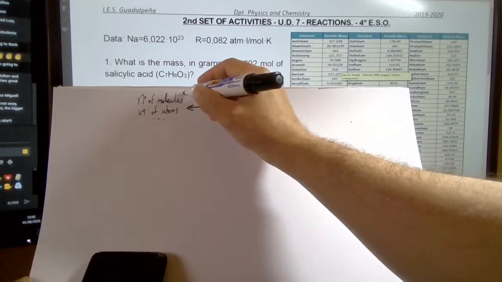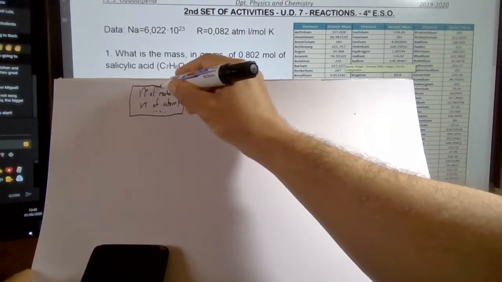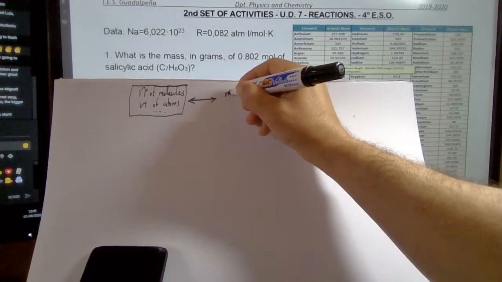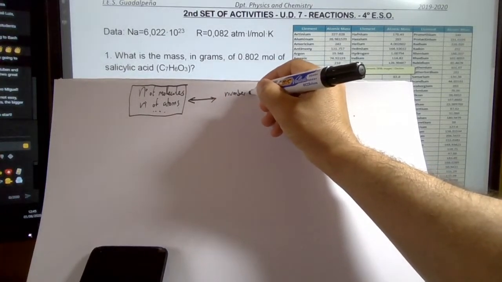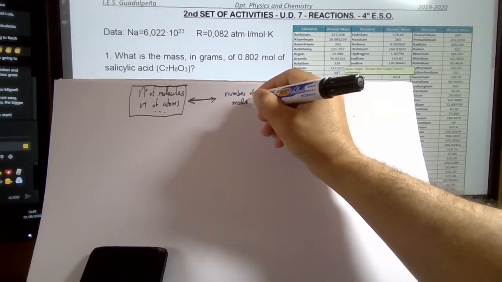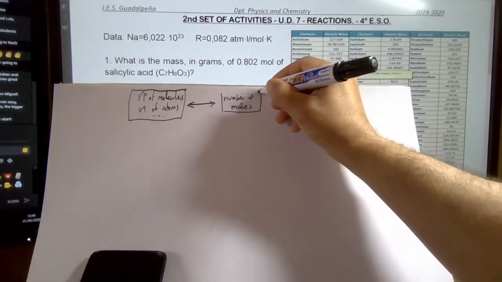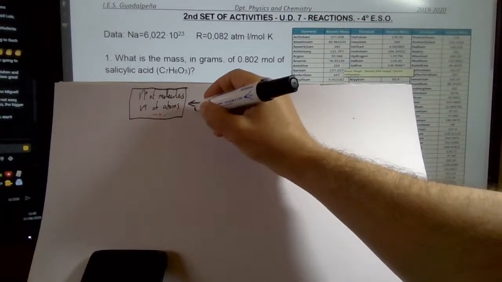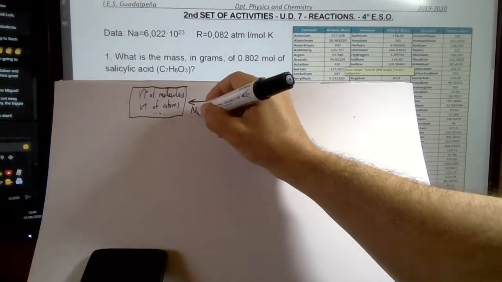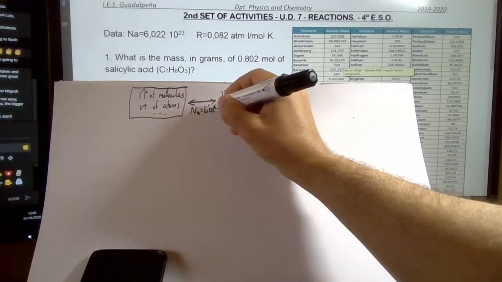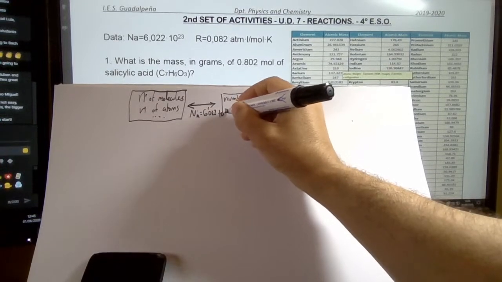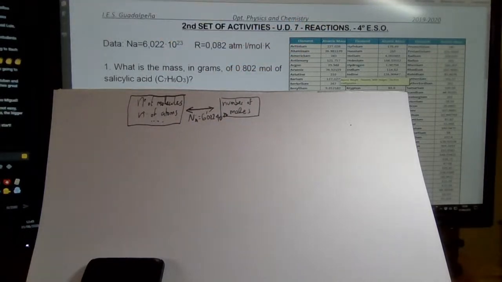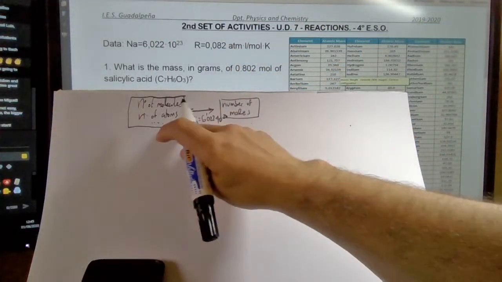So from molecules, atoms, apples, eggs, whatever, we can calculate the number of moles, okay, using Avogadro's number, Na, 10 to 23, this big number. We convert from molecules to moles, and from moles to molecules.